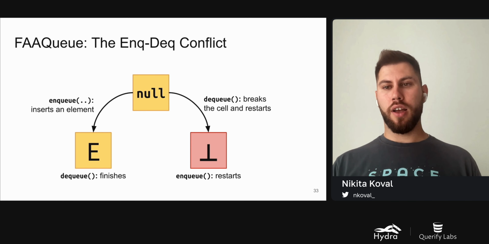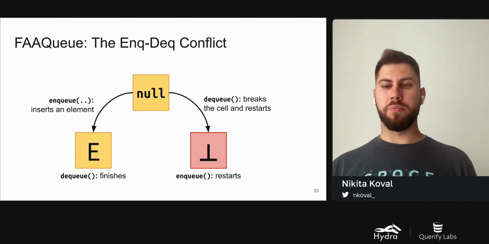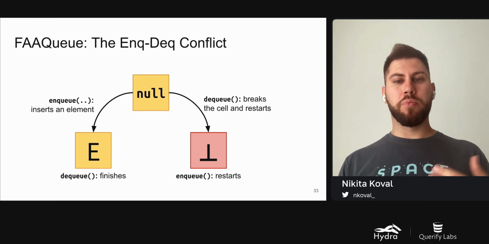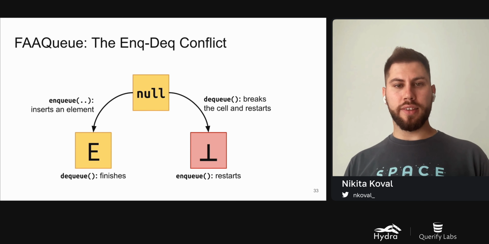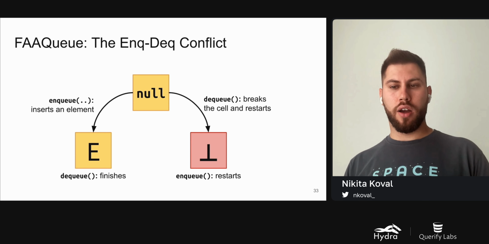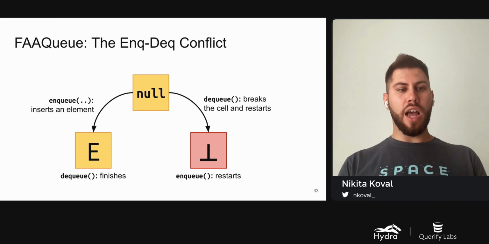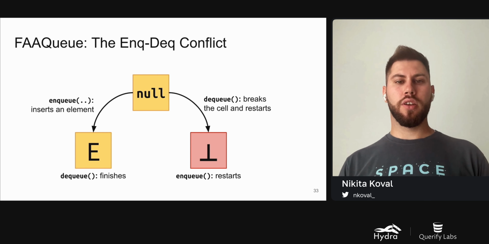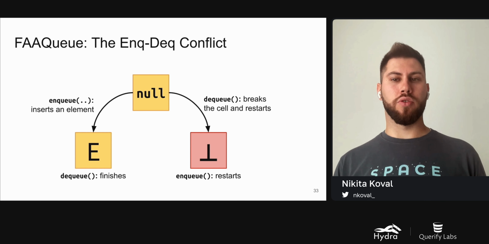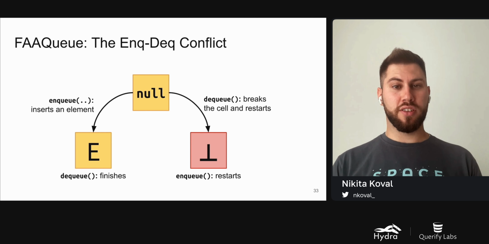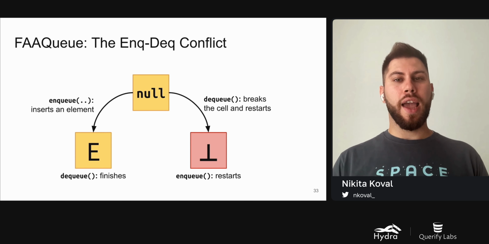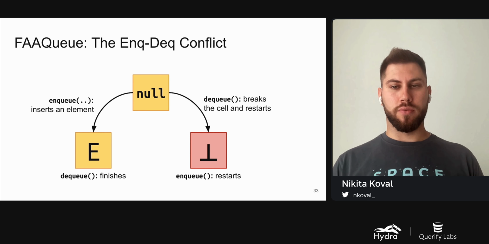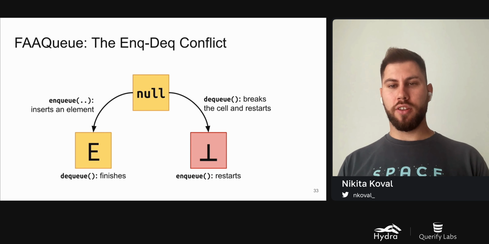So the cell becomes broken, and then it restarts. And enqueue can't put the element into the broken cell, so in this case enqueue also restarts. Now these transitions can be performed concurrently. Dequeue can perform a transition, enqueue can perform a transition. They have to synchronize. Here we need to use a compare and set instruction. That's what I mentioned in the beginning.